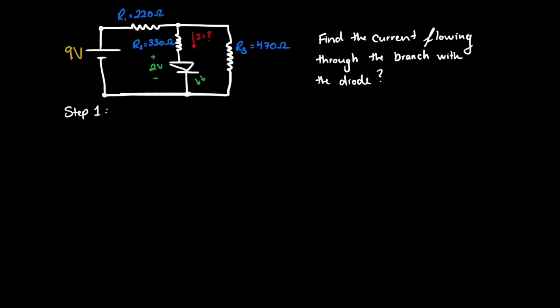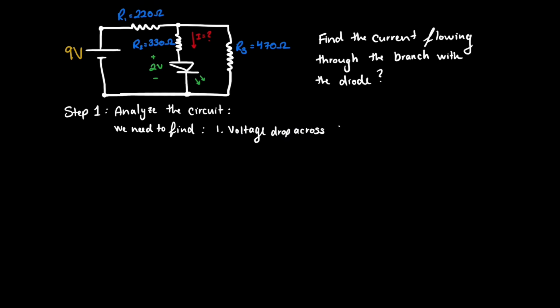We have a 9-volt battery powering a circuit that starts with a 220 ohm resistor. We'll call this R1. That resistor is in series with a parallel section that splits into two paths. Path A contains an LED, which drops 2 volts, and a 330 ohm resistor called R2.